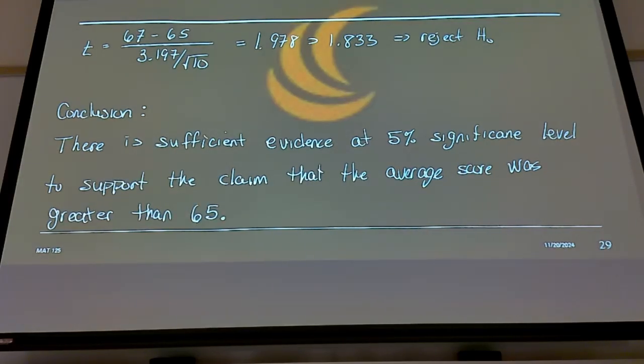We have sufficient evidence to support our claim that the average score was indeed greater than 65.